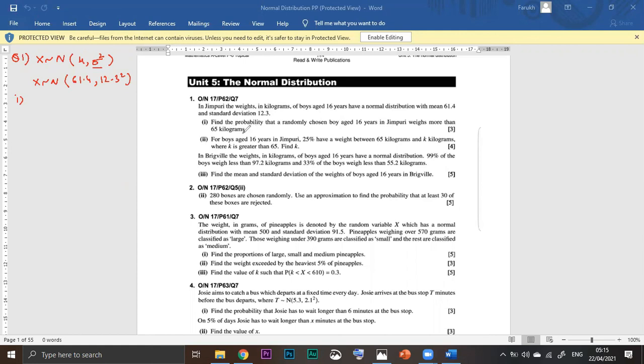Now, in normal distribution, there are two types of distributions. Number 1, standard normal distribution.